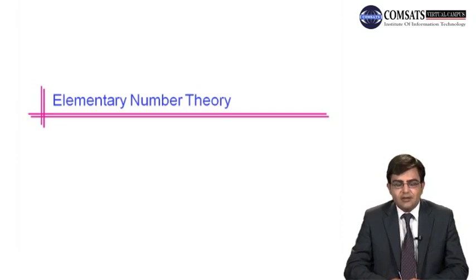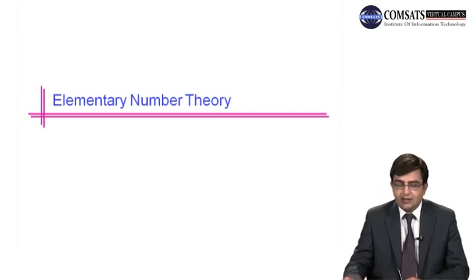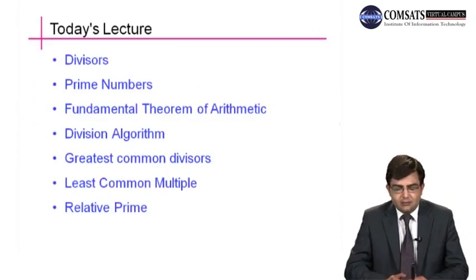So here we start with the very elementary level of number theory. In this theory we manipulate the numbers, we play with the numbers. So in today's lecture we shall discuss what divisors are, and how we can divide a number by another number.